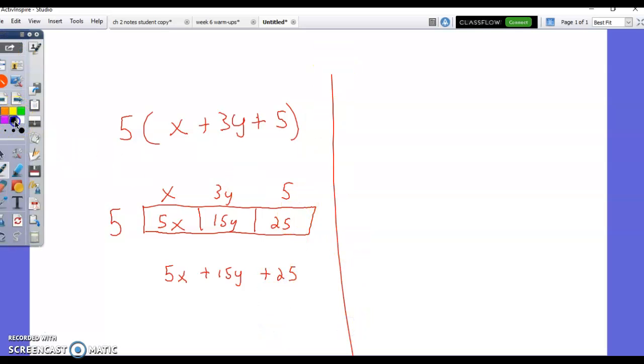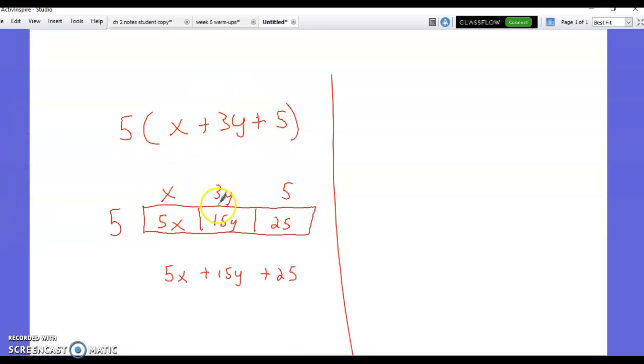Right? So again, it doesn't matter how many terms you have on the inside, that's going to determine how many boxes you fill out. And so let's say I have a negative 5 times 10x minus 10. All right, so now I have a 1 by 2, so my boxes are going to be 1 by 2.